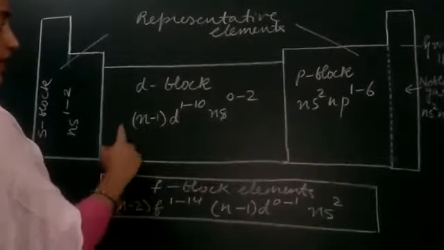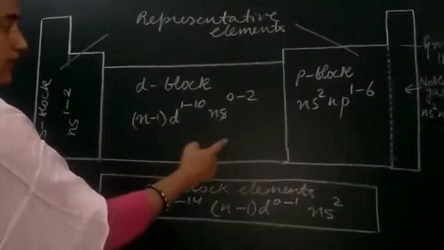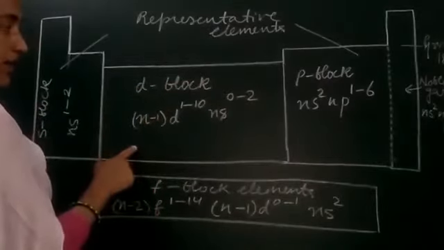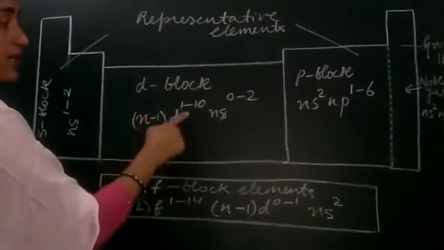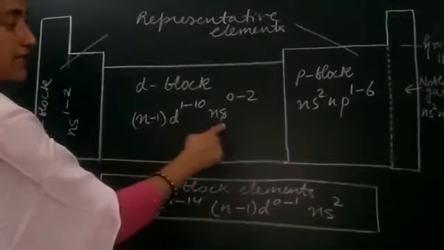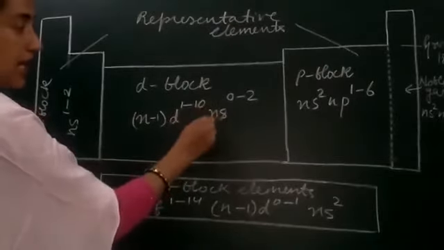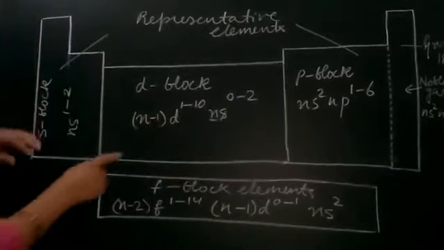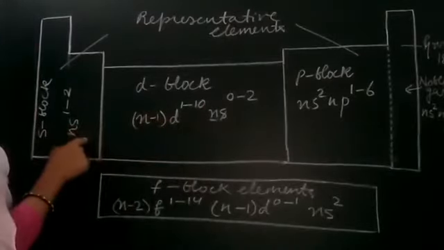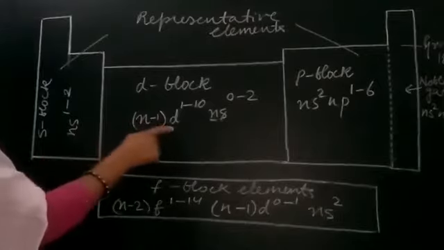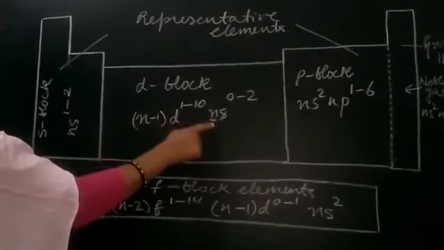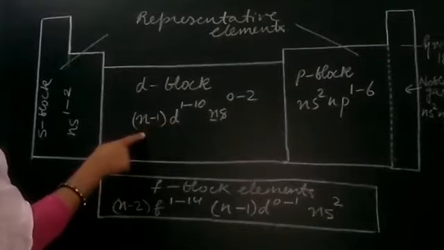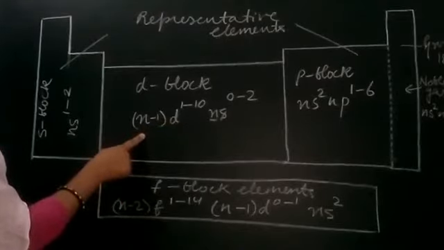So that's why in this d block every series will contain 10 elements, and n is the shell number, related to the period number. So if n is 4, this will be 3d, students.